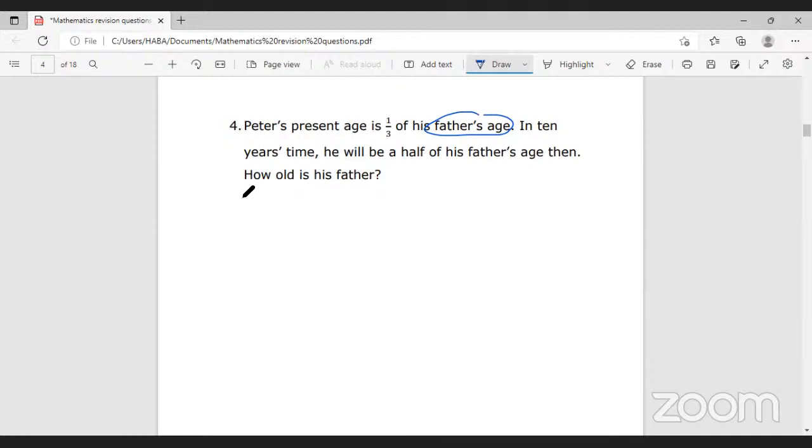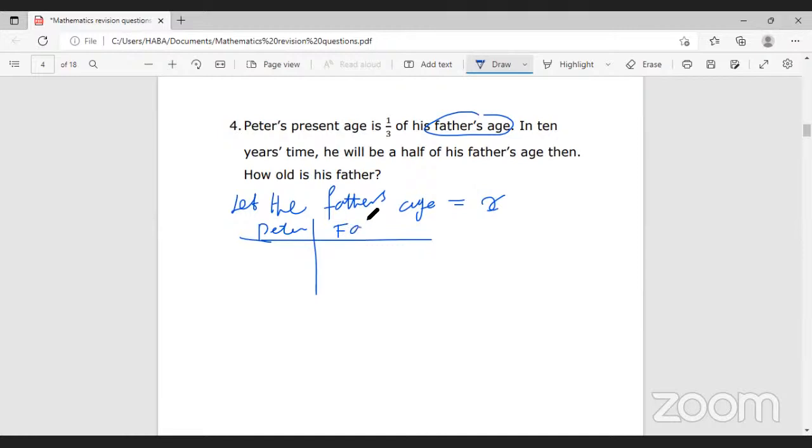So we are going to begin by letting the father's age be X. And then we draw a simple table. So this would be Peter, and this would be the father.